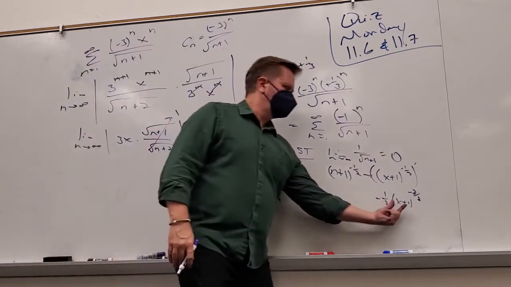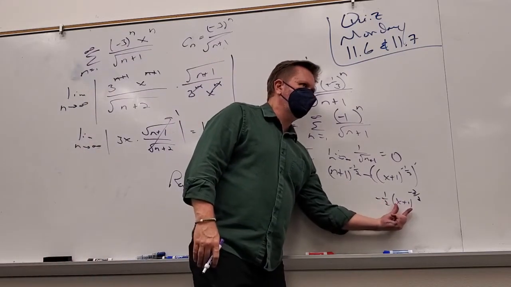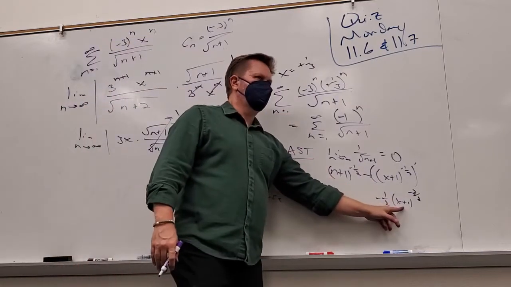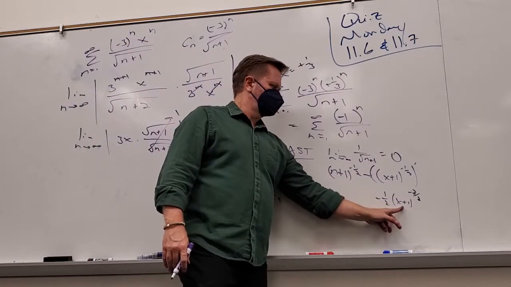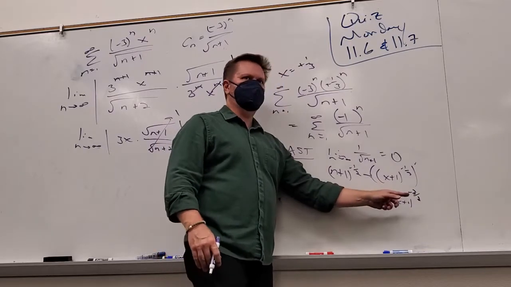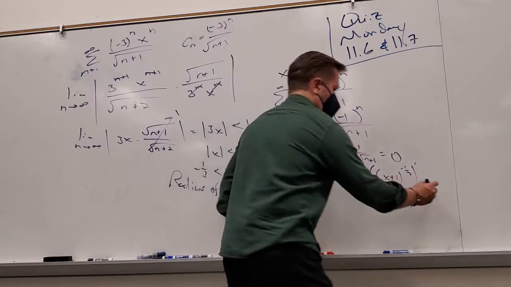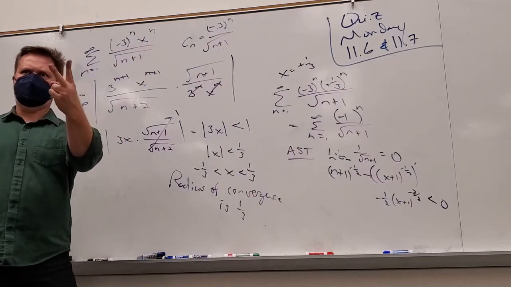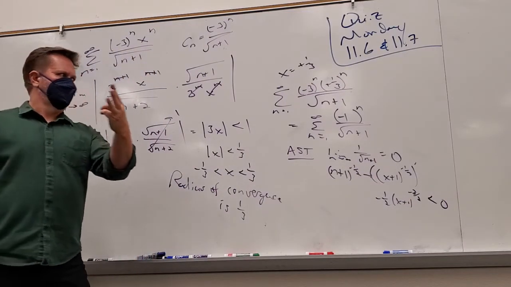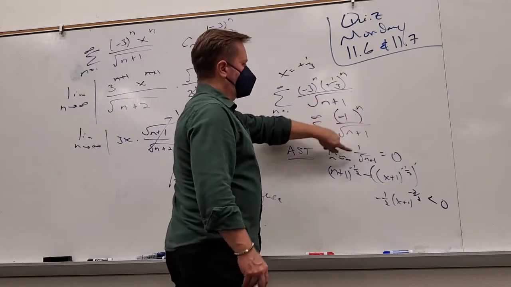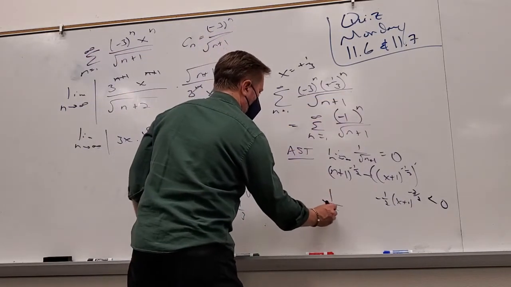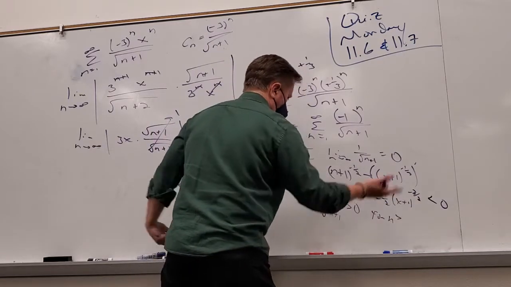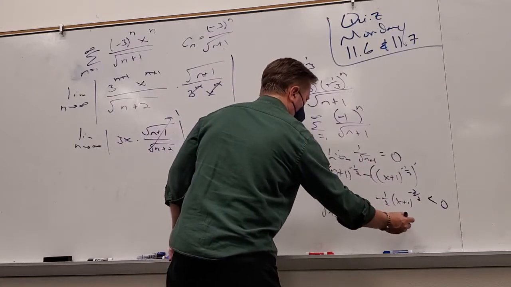Where x starts at 1, x plus 1 is always positive, so this is always negative, which means it's decreasing. So we have limit 0, it's decreasing, and the only thing left is that the part without the alternating is positive, which is greater than 0 for all n, but for n greater than or equal to 1 for sure, right?